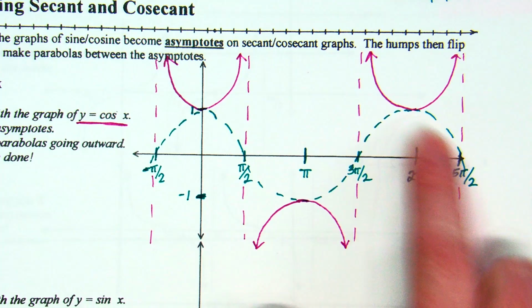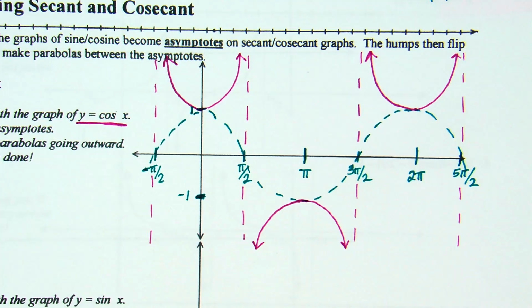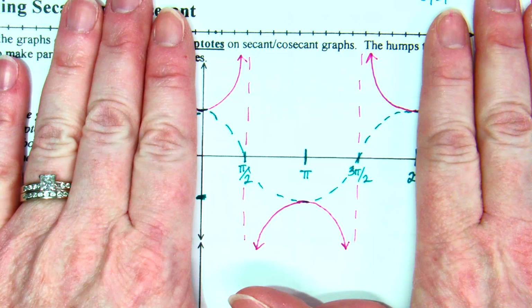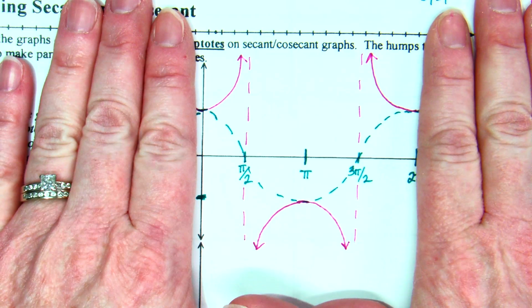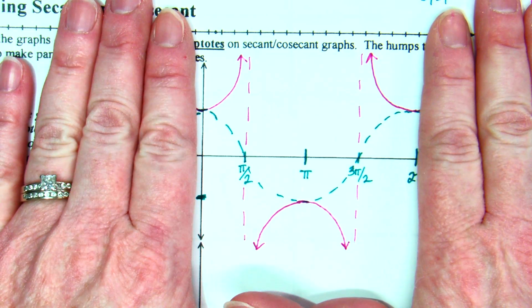Now, officially, we have a little bit over a period. If you want to get official, remember a period is 0 to 2 pi. So your minimum requirement here for a secant graph, because it's based on cosine, would be 1 full parabola in the middle and 2 half parabolas on the outside, which is the equivalent of 2 parabolas, yes?